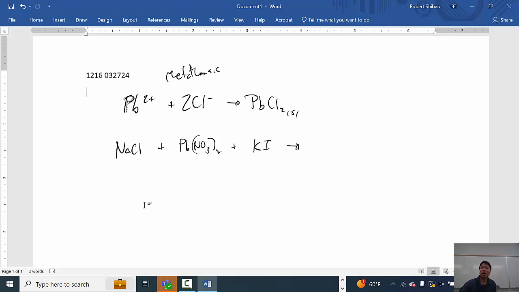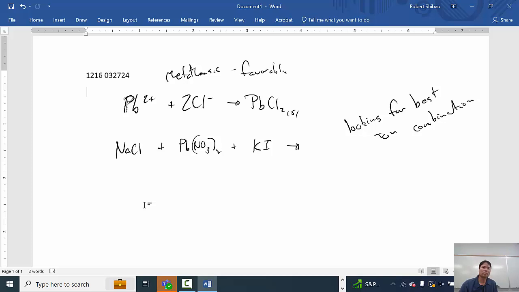And so if you have a whole bunch of ions, which ions are going to form the best ion combination? I just said metathesis are favorable ion combinations, so it doesn't matter how many.